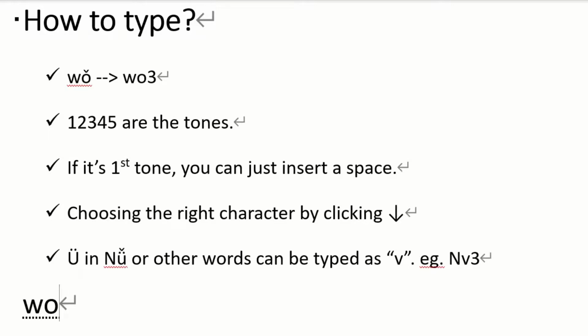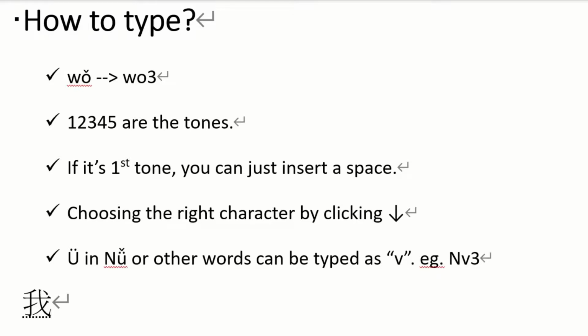Then the last one is the tone, because once you type the tone, the system will know it's finished this syllable. So make sure you type the tone in the last step. So W-O, then the number 3. Okay, we are lucky. The first one, 我, is the correct character.